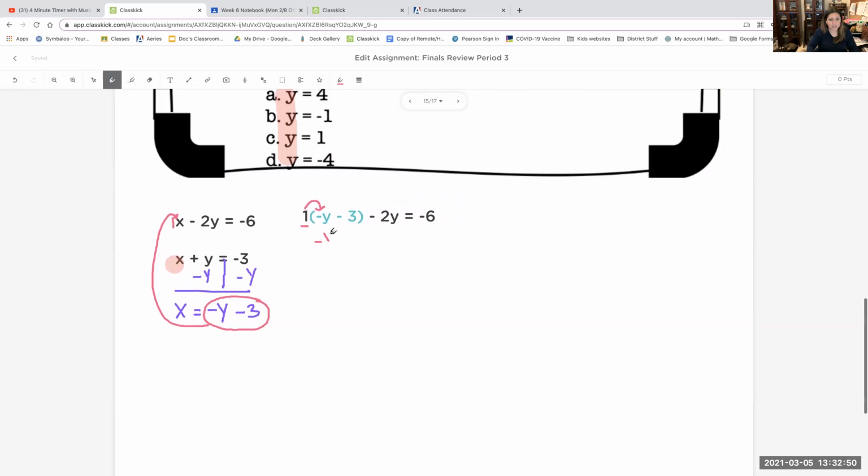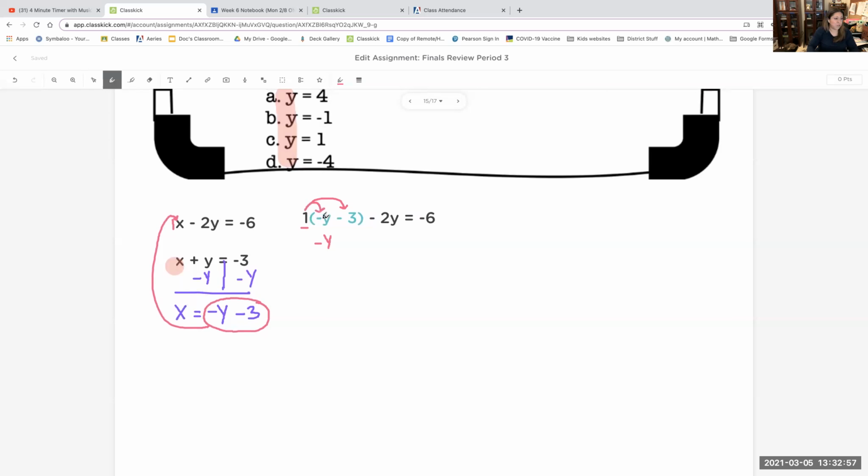No, and all of you guys did distribute. So that's the reason why I'm gonna do it. I love the fact that you guys still distributed. This is beautiful. You guys make me so proud. I love the fact that you still distributed, even though this is technically a 1 and you didn't have to. But 1 times negative Y is a negative 3. I'm losing my sanity. Hey, so you guys are doing fine.